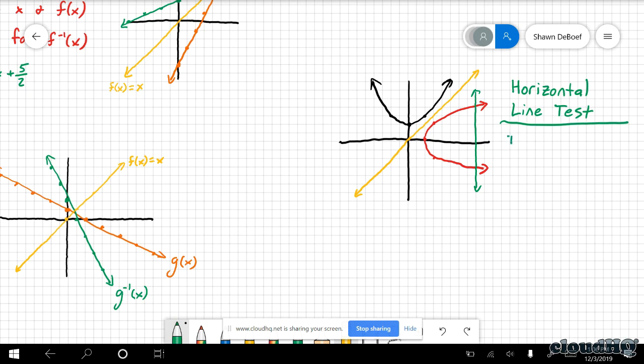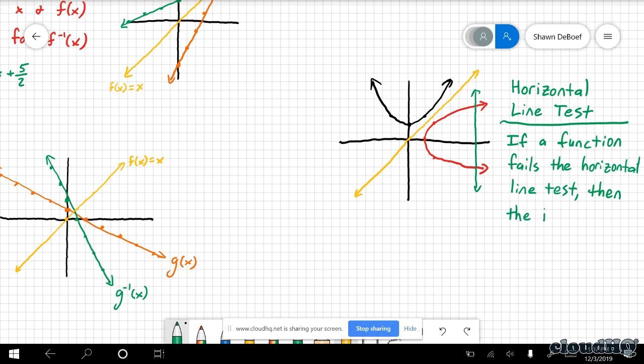If a function fails the horizontal line test, then what do we know about its inverse then?